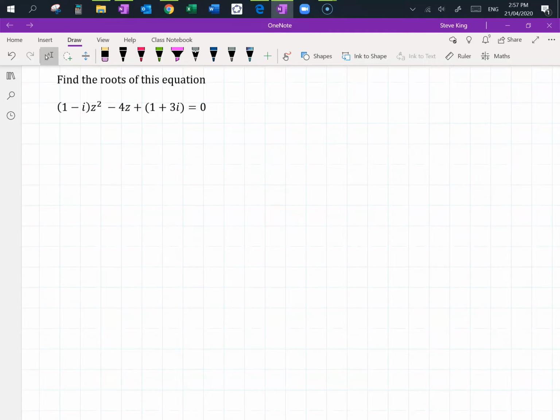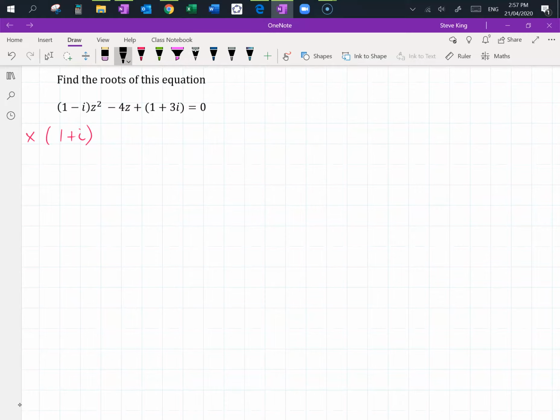Well, it's a difficult looking equation to start off with. So I think what I'm going to do is try and take out this complex number that's a coefficient of the z squared term. In order to do that, I'm going to multiply the entire equation by 1 plus i. And that hopefully will get rid of the complex number that's in front of the z squared.